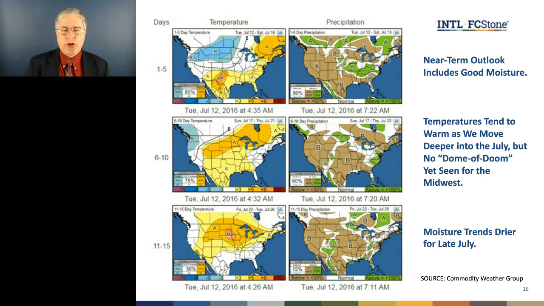This is part of the big discussion right now in the trade and why largely we saw the big response in the market that we did today. And the Midwest further dries out. We don't see any dome of doom at this point, as they say, when you get those high pressure ridges that really lock in tremendously dry. But with the amount of moisture now in the Midwest, I think we will see those nighttime temperatures being held up.